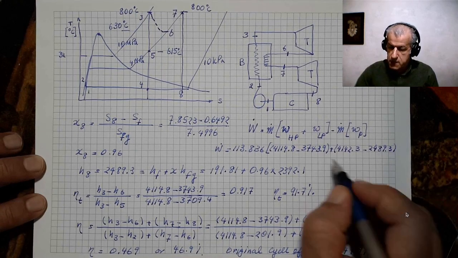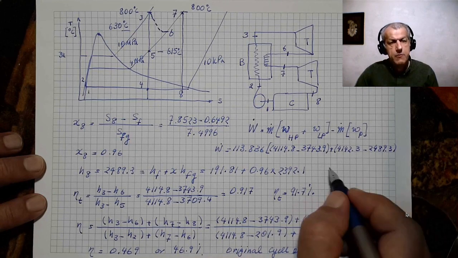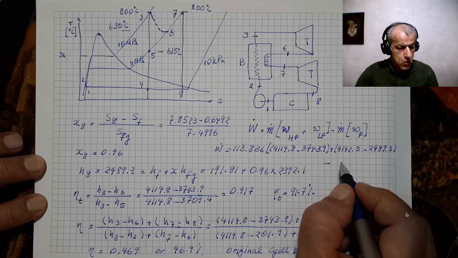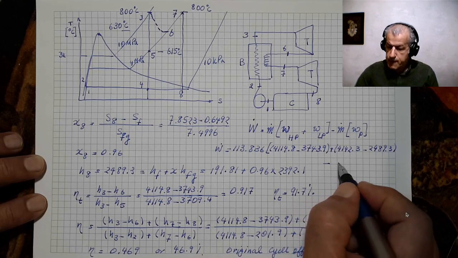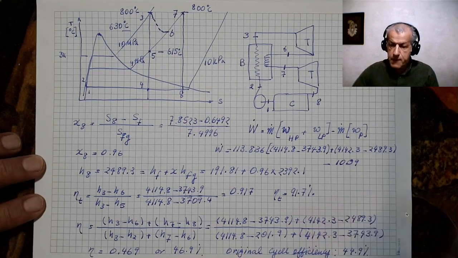These are the works of both turbines, and minus the work by the pump, which was 10.09.